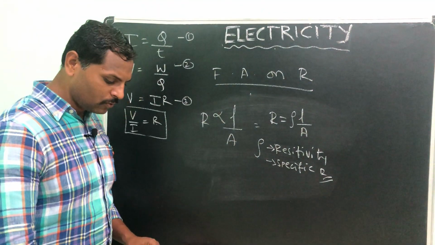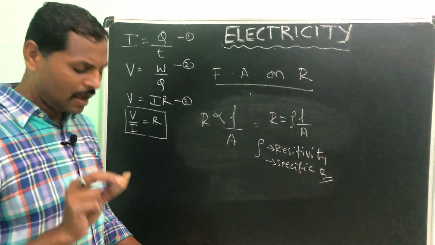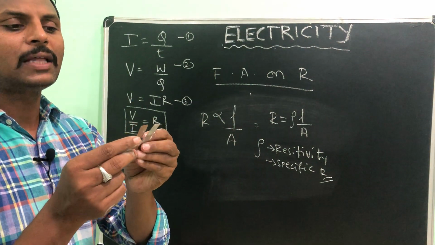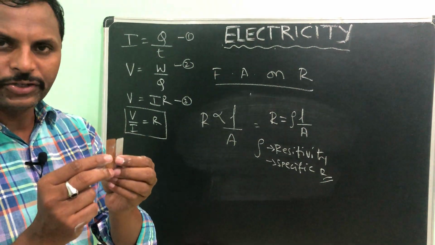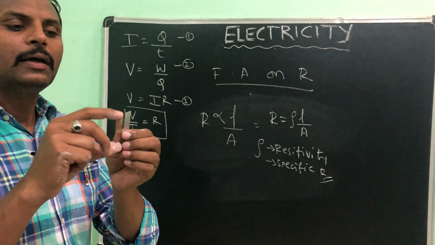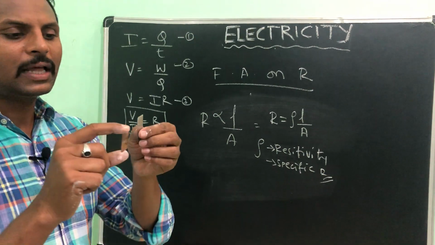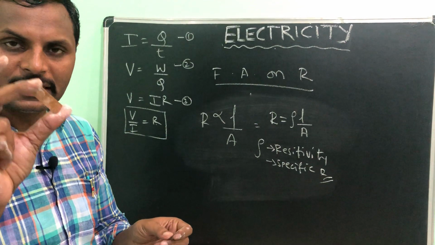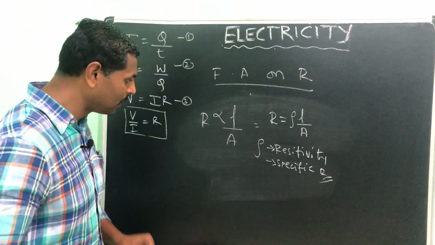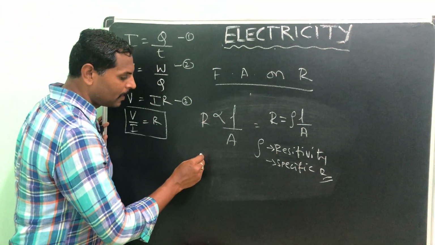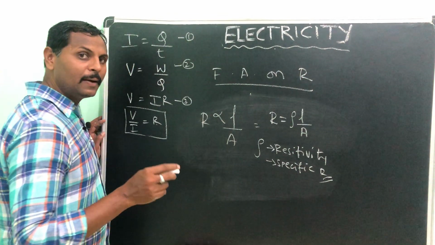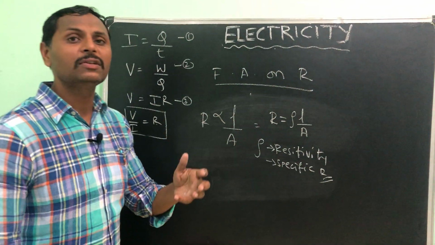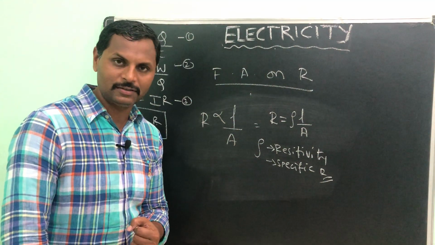As I just told you, here I am having copper and aluminum with me, right. Both have resistance, as you know. Both have the same length, but their resistivity is different. Resistivity is simply a property of the material of the conductor that shows the opposition force for the flow of charges.